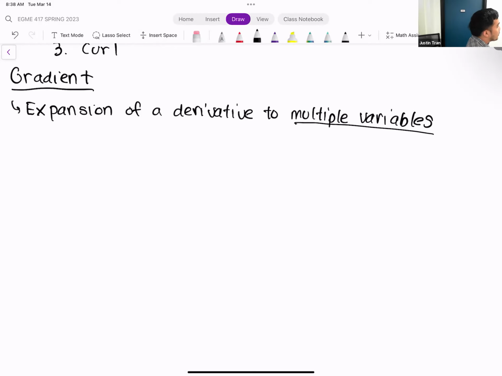But now we're dealing with fields, right? And so when you have a field, you have a function of multiple variables. For example, let's think of a three-dimensional field. One example of a three-dimensional field would be a function of x, y, and z. Just spitballing here, let's say we have 2y cubed plus 4xz plus 3x.